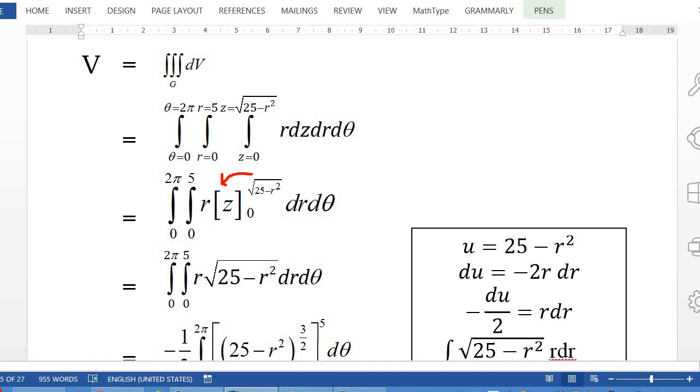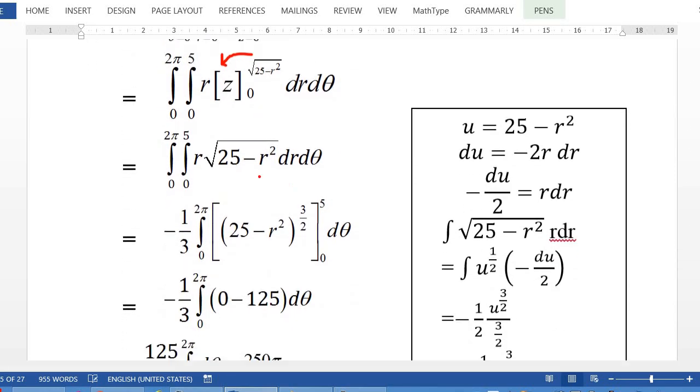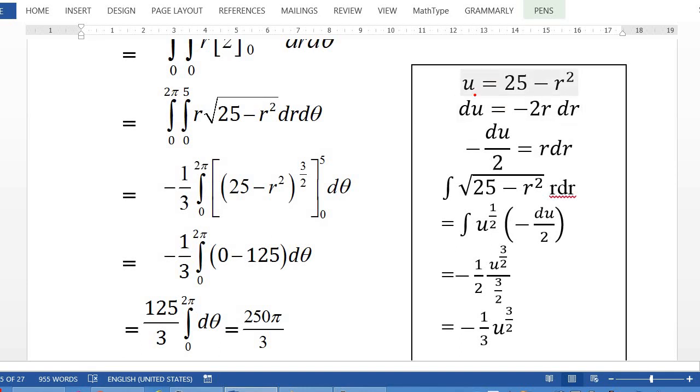Okay, to integrate r times the square root of 25 minus r squared, you may use the substitution technique, u equal to 25 minus r squared.